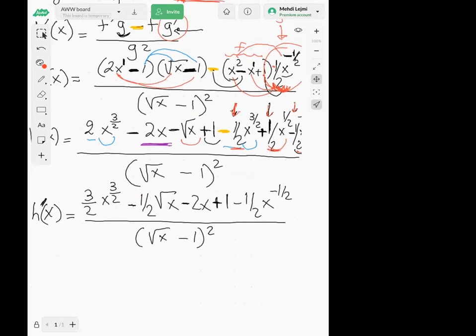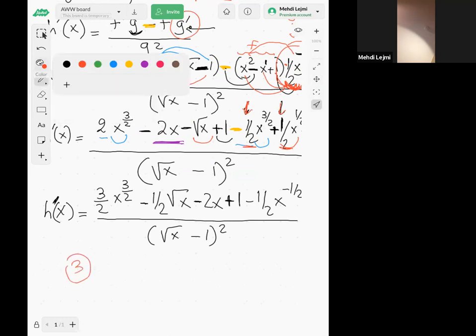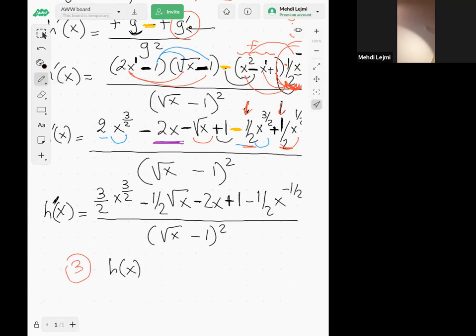Yeah, sure. Anyway, so that's for number 2. So number 3, we had the function h of x, which was 2 plus x over the third root of x plus 1, right?